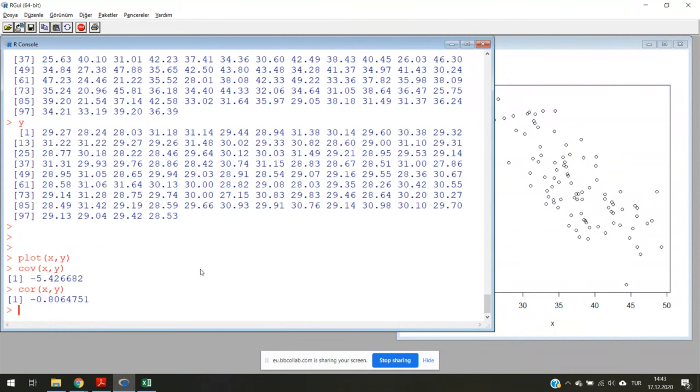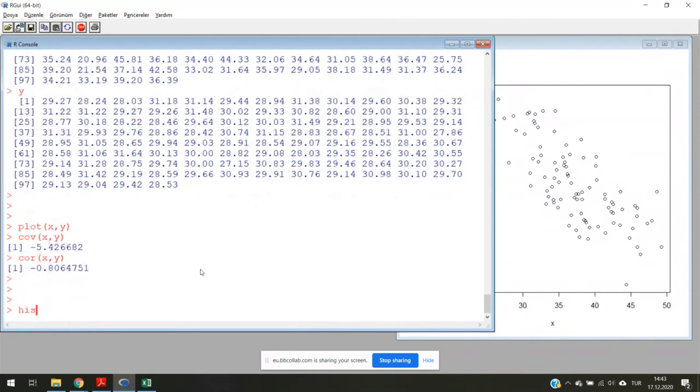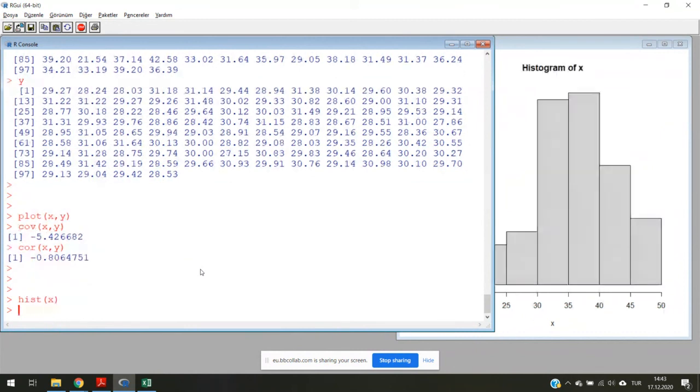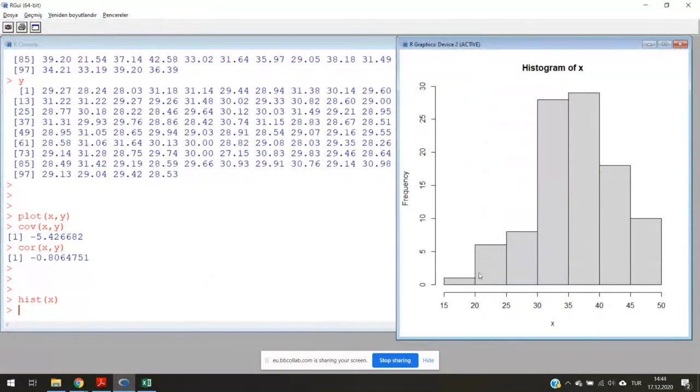There are several descriptive statistics that we can generate as well. For example, we can check the histogram of the odometer values for the 100 automobiles. The distribution seems similar to a normal distribution, but it is not symmetric enough to say that it is normally distributed. I think it is some other distribution.